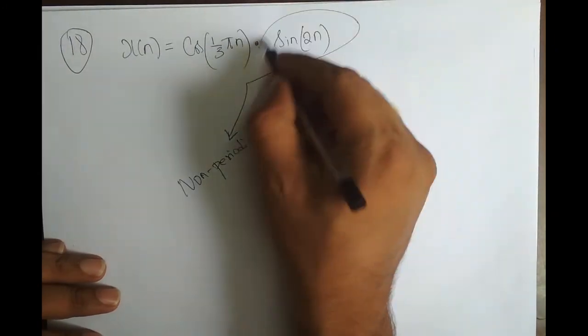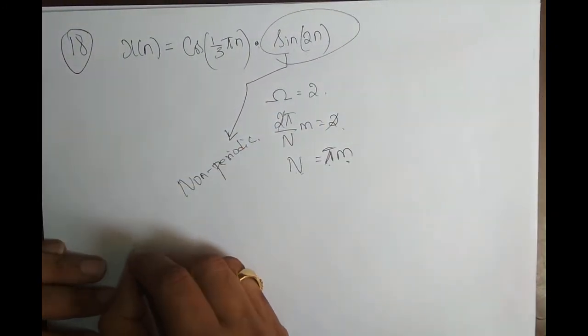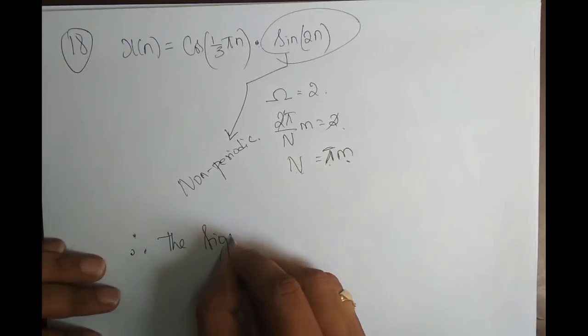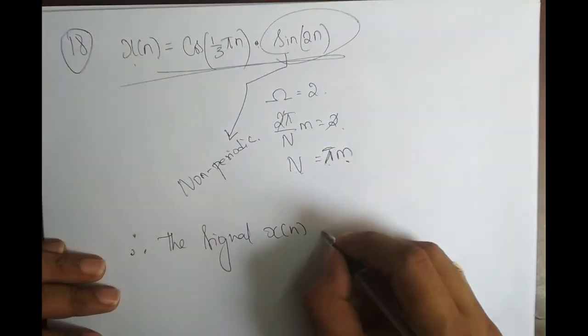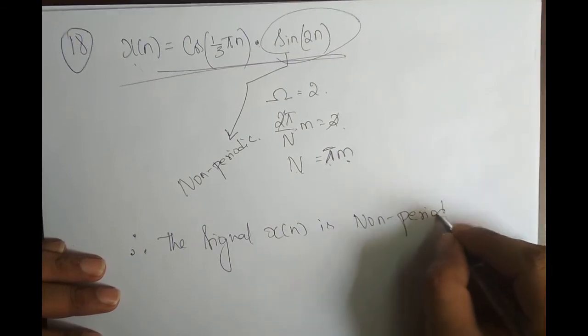Whenever a non-periodic signal gets multiplied with a periodic signal, the resultant signal is non-periodic. Therefore x of n as a whole is a non-periodic signal.